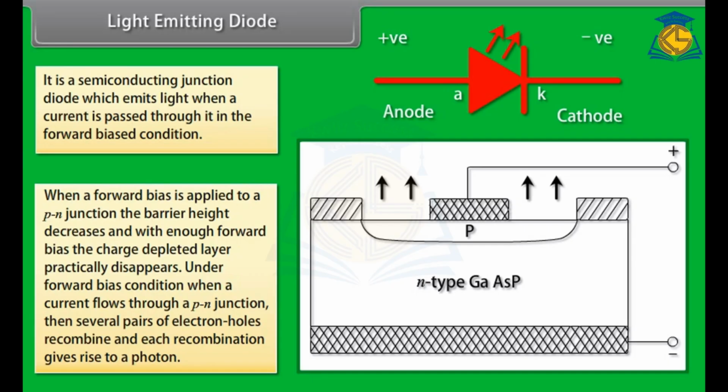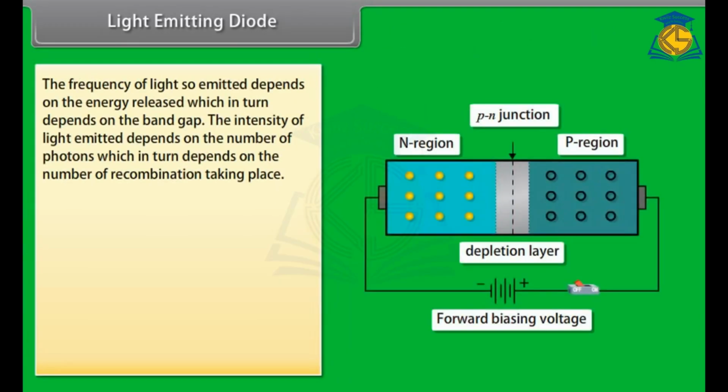Under forward bias condition, when a current flows through a p-n junction, several electron-hole pairs recombine and each recombination gives rise to a photon. The frequency of light so emitted depends on the energy released, which in turn depends on the band gap.